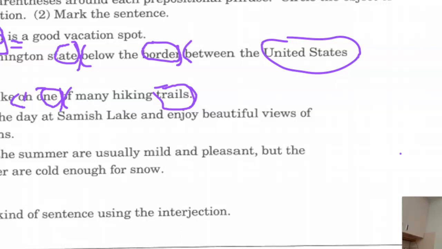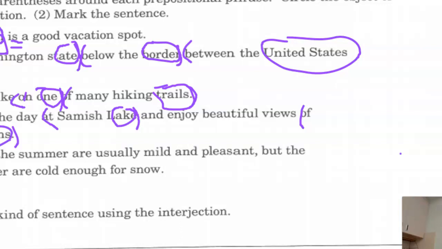For sentence number 4, we have the prepositional phrase at Samish Lake of surrounding mountains. And then, of course, lake and mountains would be our objects of the preposition.